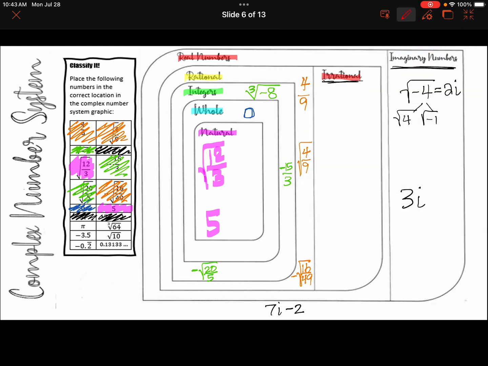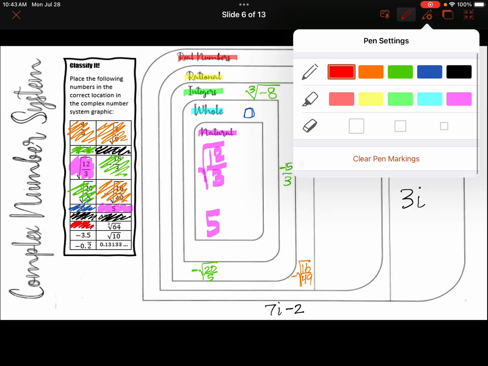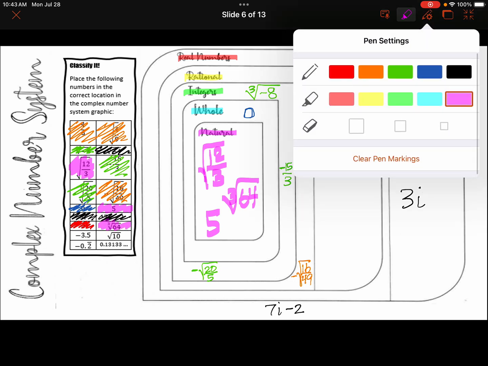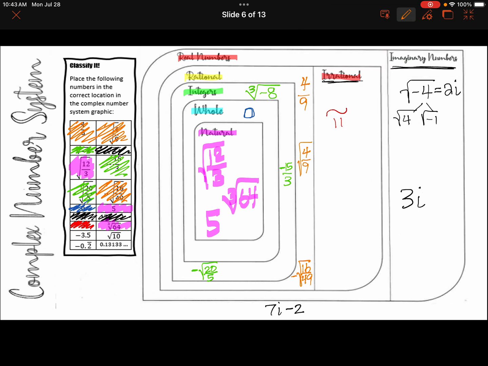I need a different color than what we've used. So pi is irrational. The cube root of 64 would be 4, so that's a counting number. Negative 3.5 is going to be irrational. Decimal that terminates.